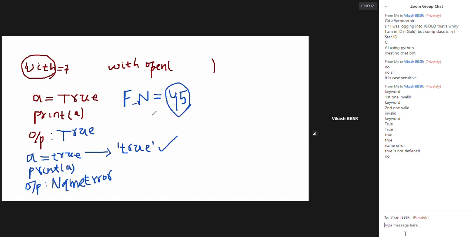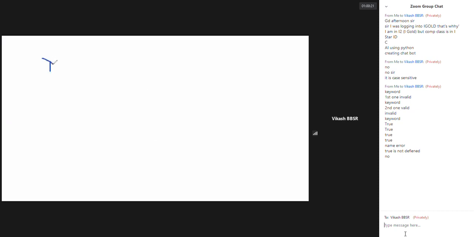Then next we will go for data types. Tell me, what data types are there?